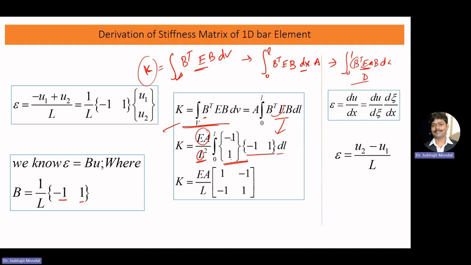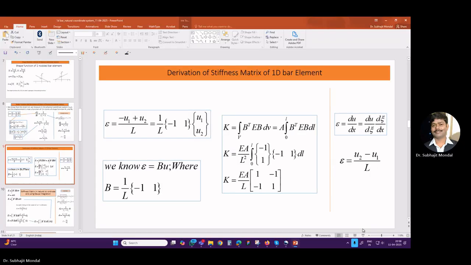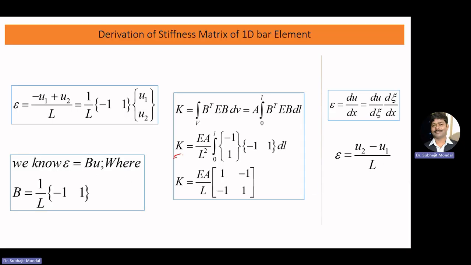Now we have this one only. We have stiffness matrix K is nothing but EA by L square times the matrix minus 1 1 times minus 1 1, integrated with dx.